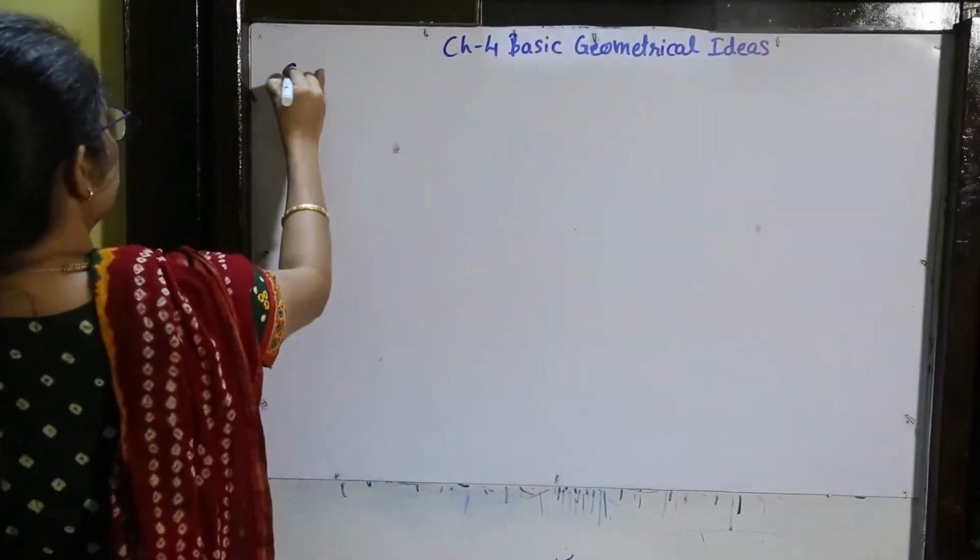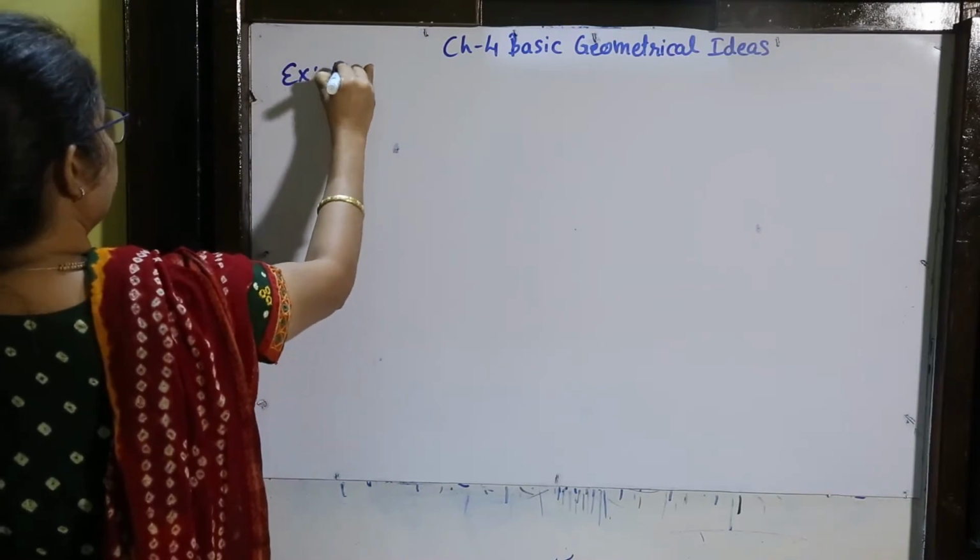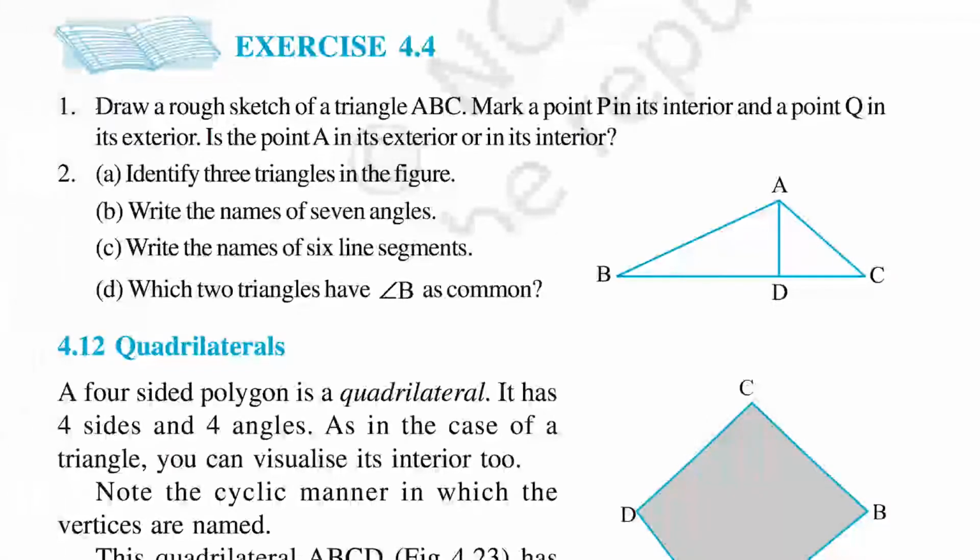We will start with question number 1 of 4.4. First is, draw a rough sketch of triangle ABC, mark point P in its interior and point Q in its exterior. Is the point A its exterior point or interior?